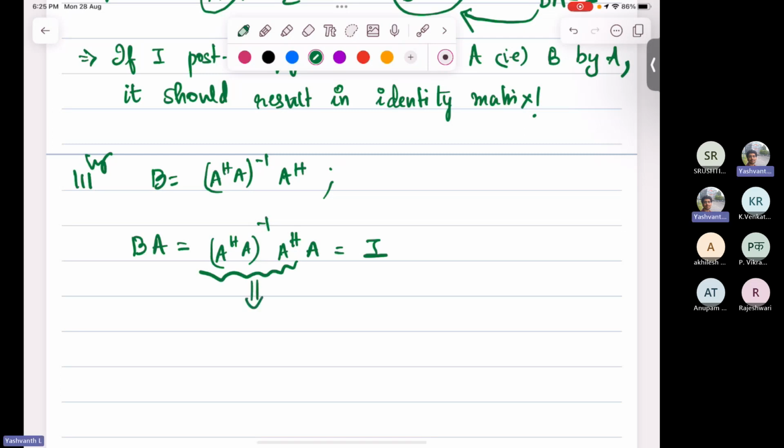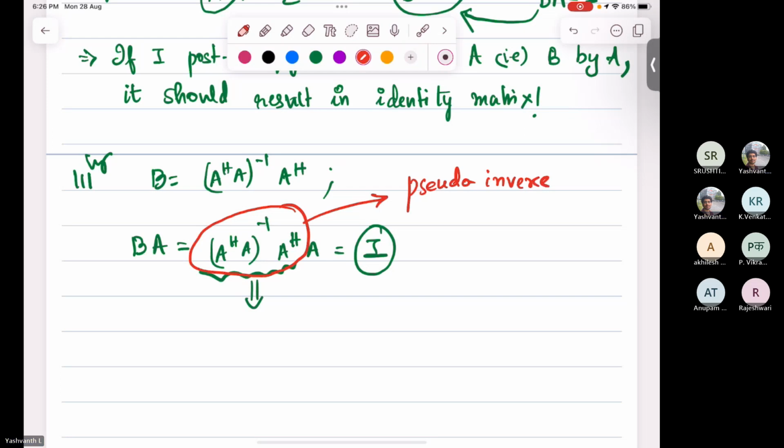So basically, I have achieved the goal of what an inverse should do. That's why this particular term is called pseudo inverse, because BA equals identity, which is the defining characteristic of any inverse matrix.